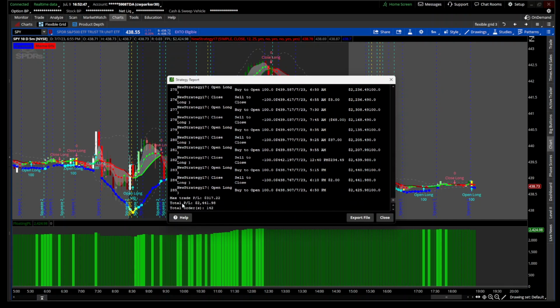So overall, profit and loss for 10 days is $2,000 on $100 share at buying on the S&P 500. So your max profit and loss was $317, and your total profit and loss was $2,441.98 on a total of 142 shares.